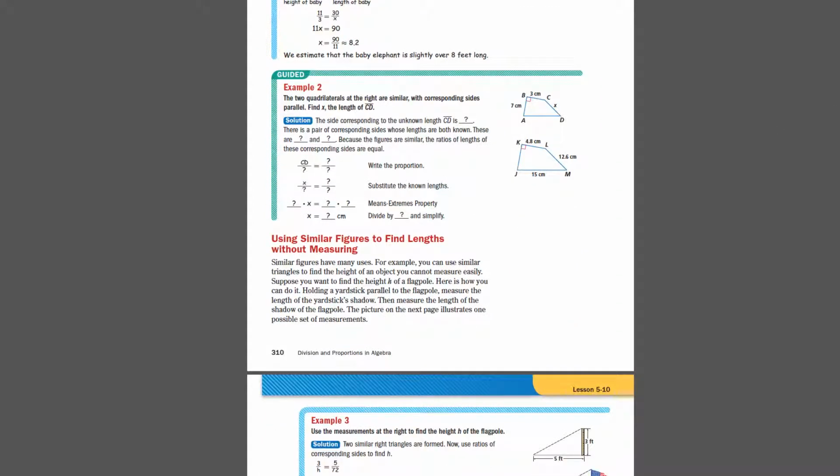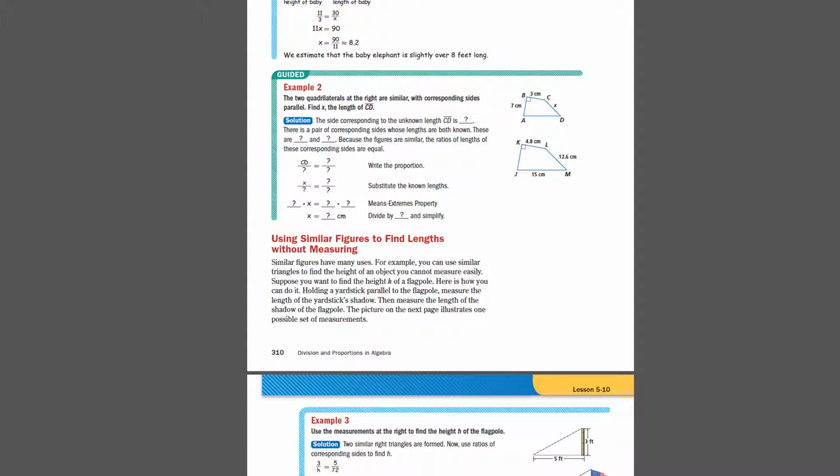Guided Example 2. In this one, we have two quadrilaterals at right that are similar, which means that their angles are equal and their sides are proportional to each other. So corresponding sides are proportional. The side corresponding to the unknown length CD is which side in the similar figure? We have ABCD and JKLM.